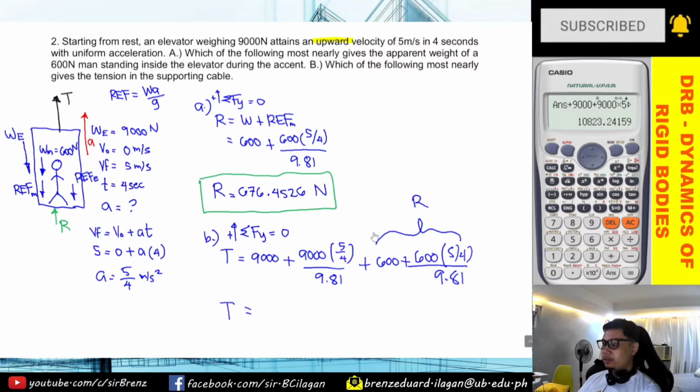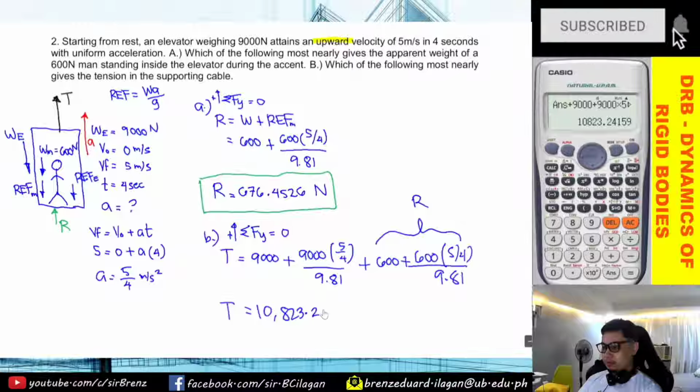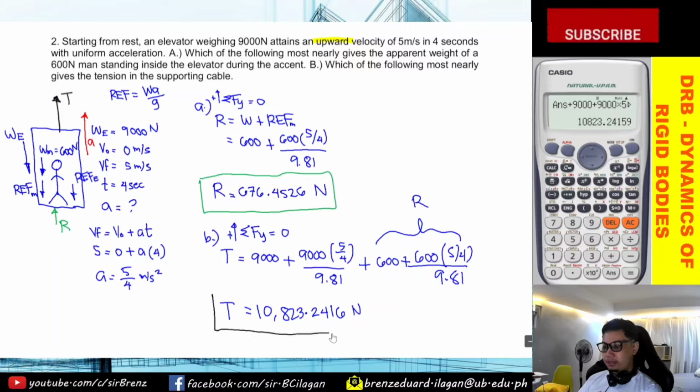So the tension in the rope or the cable supporting the elevator is 10,823.2416 Newton. So this is the tension in our cable if both the weight of the elevator and of the man are considered.